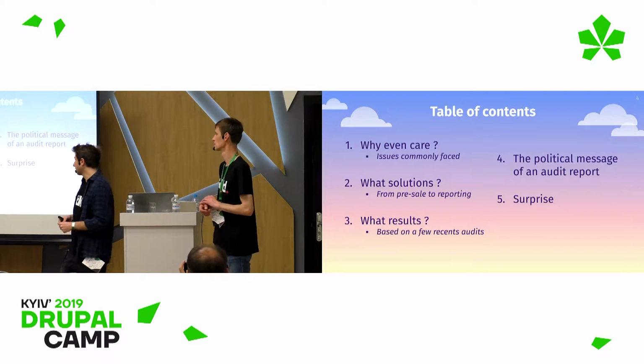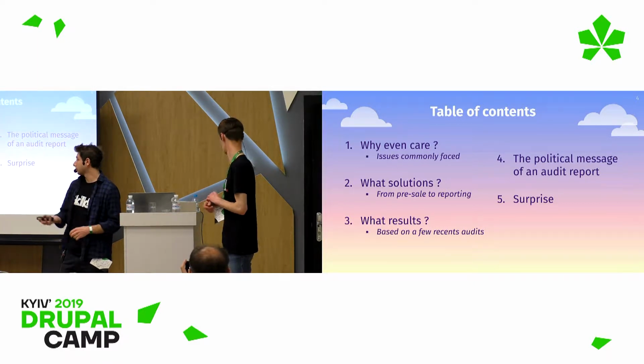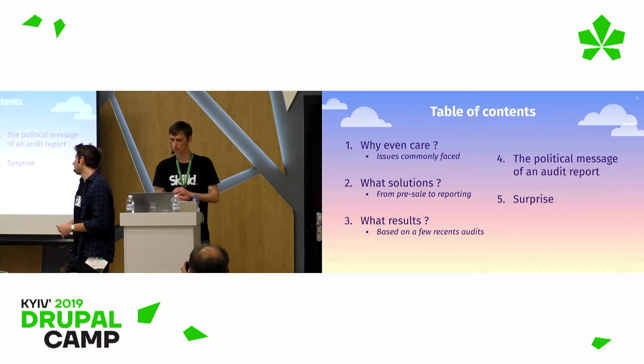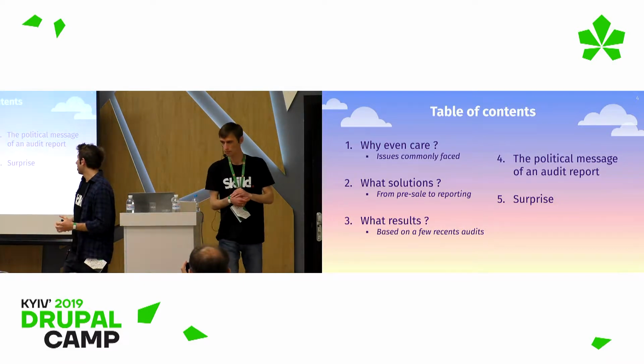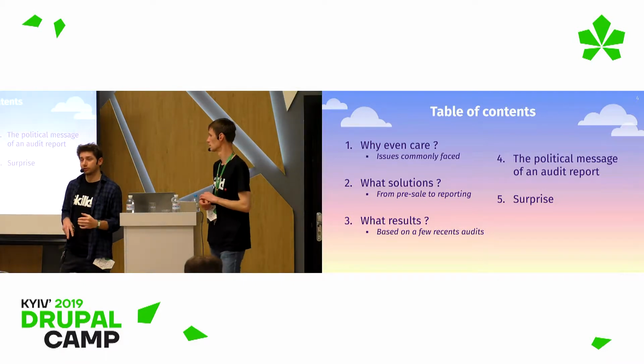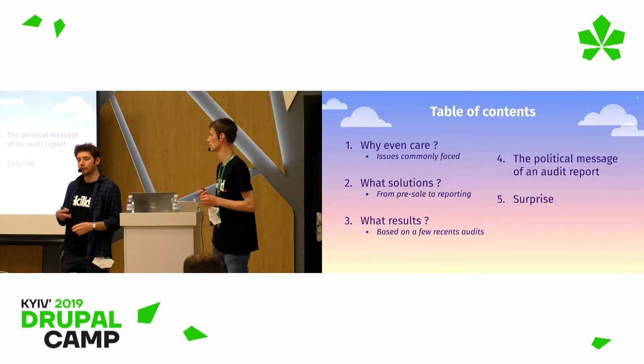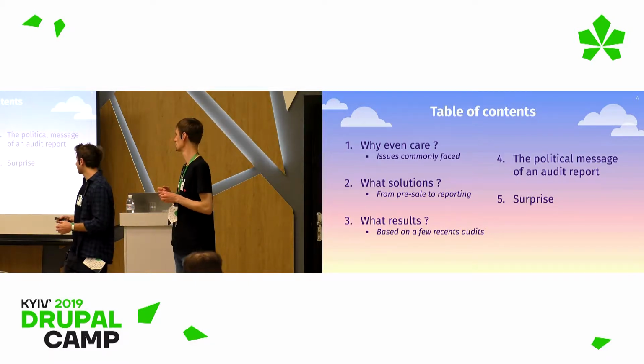Then what results we had with this new methodology, how we can make it better, and then some words about the political message of the final report that you will give to the clients after you perform the audit.